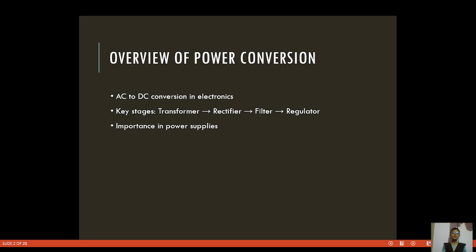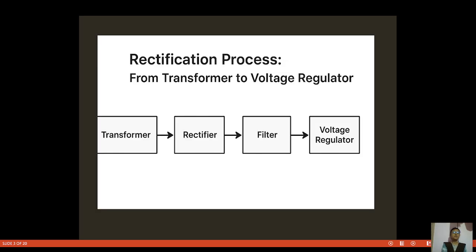First, this is the block diagram of the rectification process. The input sinusoidal is given to the transformer. The output of the transformer is given as the input to the rectifier. The rectifier converts AC to DC, and this output is given to the filter as input.